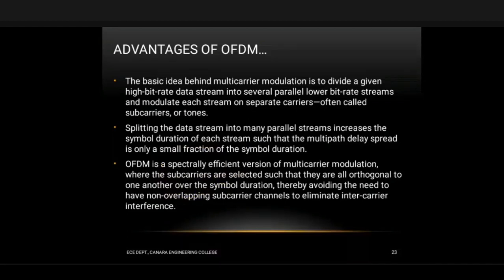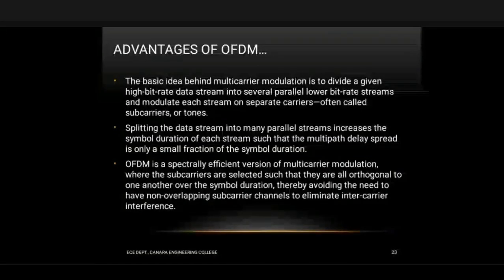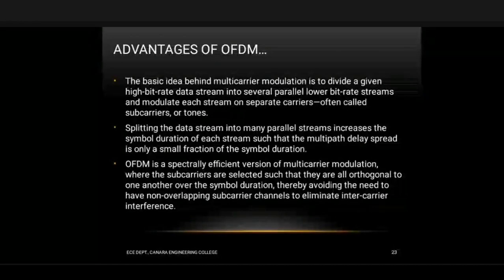That's what we do in FDMA. FDMA means there is a gap between two frequency bands. But in OFDMA, there is no gap, it's overlapping, but this overlapping doesn't cause any trouble because they are orthogonal with each other. We can easily segregate the signal at the receiver. So this is the first advantage.